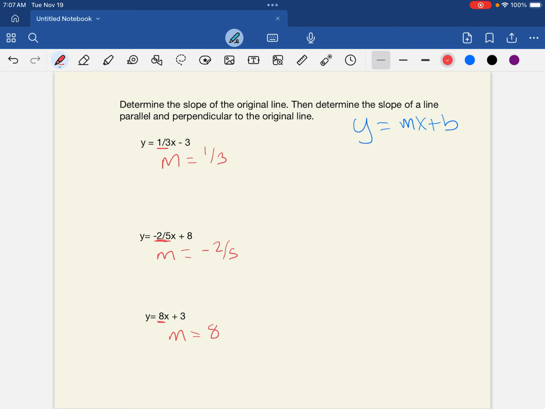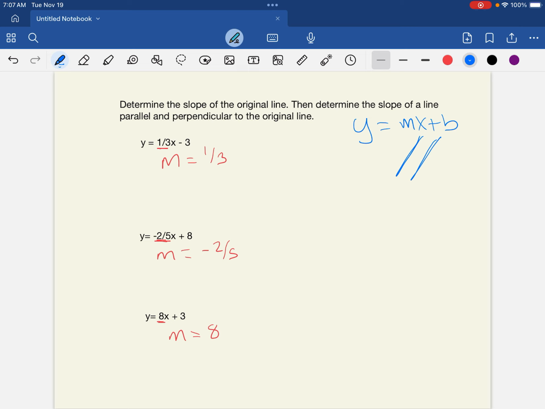Okay, then to find the slope of a parallel line. Parallel lines are lines that never cross. They look like railroad tracks. The way we get a parallel line is that the slope is the same, it just has a different y-intercept. So for all of these, the slope of our parallel lines is just the slope that we just found.